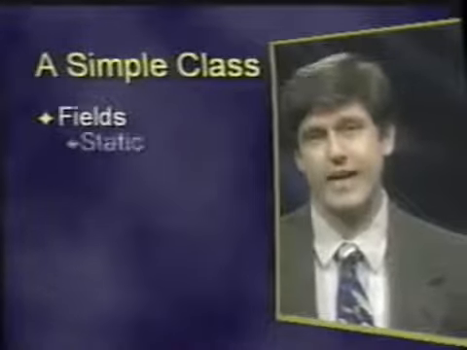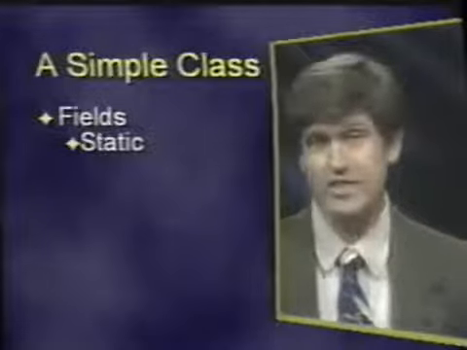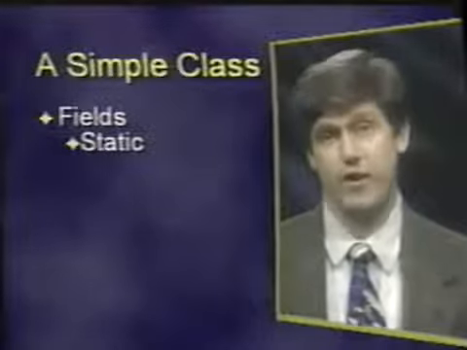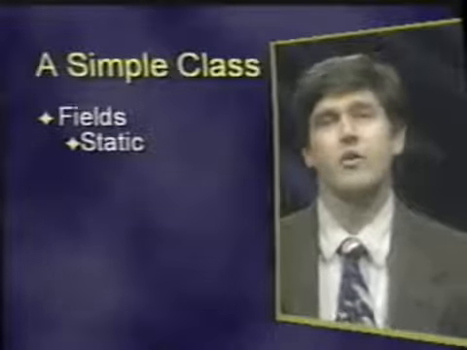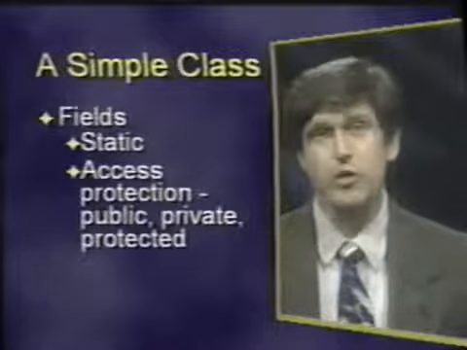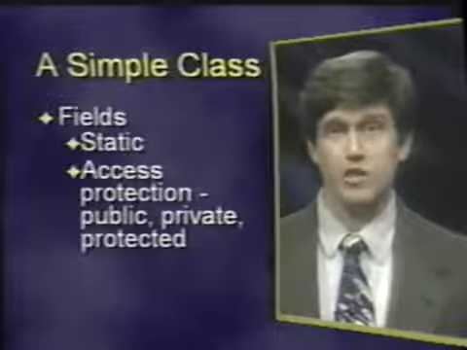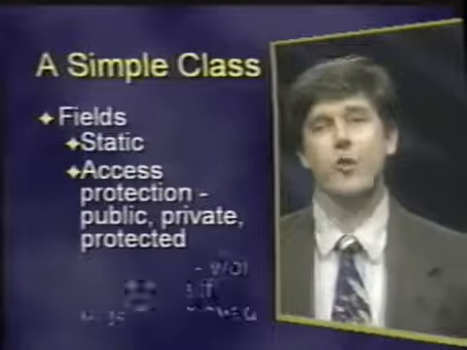They can either be static, meaning that you have one field amongst all instances of a class. The default is to be an instance variable, meaning that each object has its own instance of this field. You also have access protection. You have a public field, a private field, a protected field, which just allows access from other classes. And you also have a transient keyword.